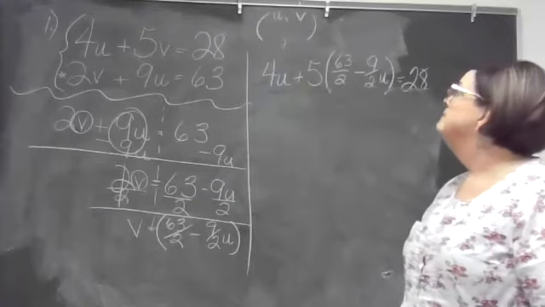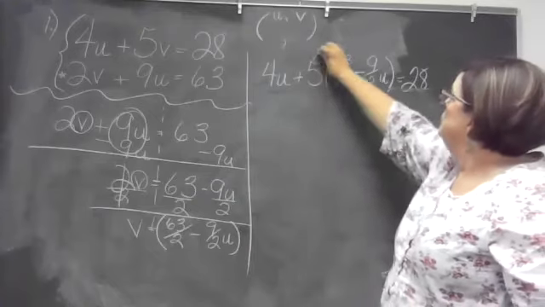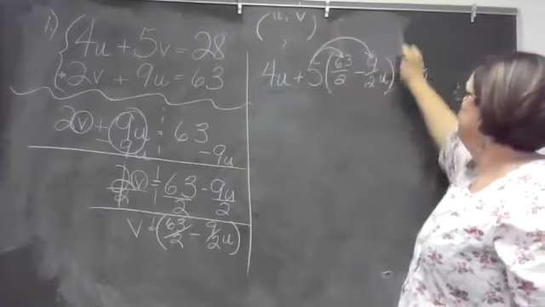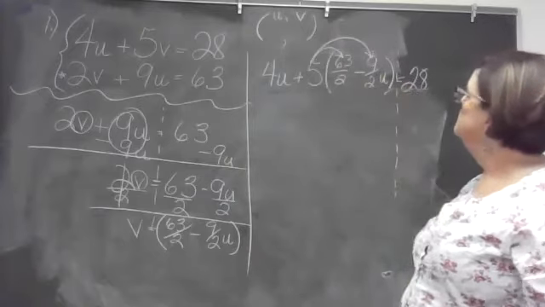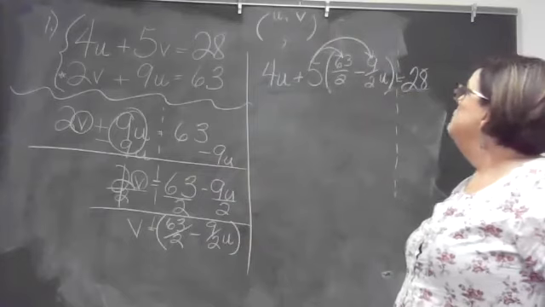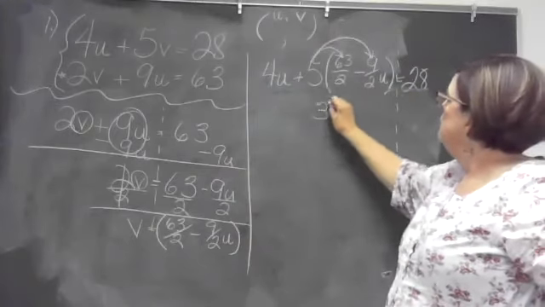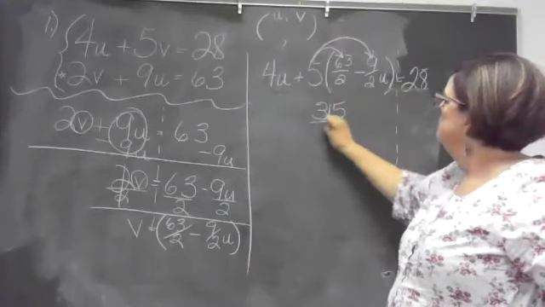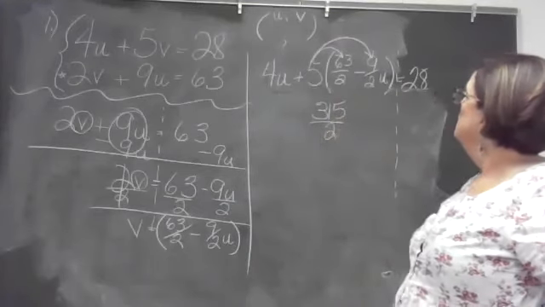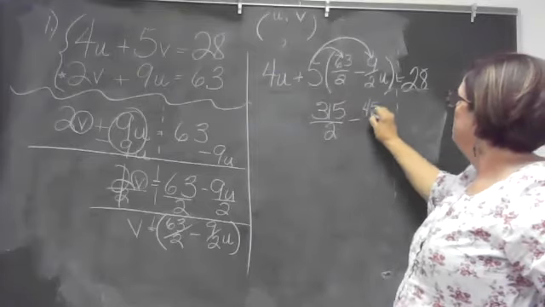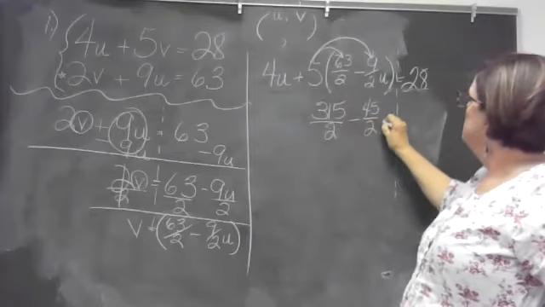So here we go. I'm going to multiply this out first because that is our parentheses. So now I have 315 over 2 minus 45 halves u.